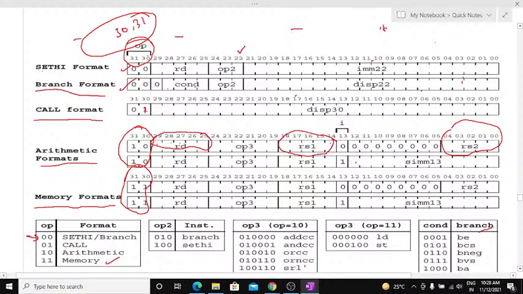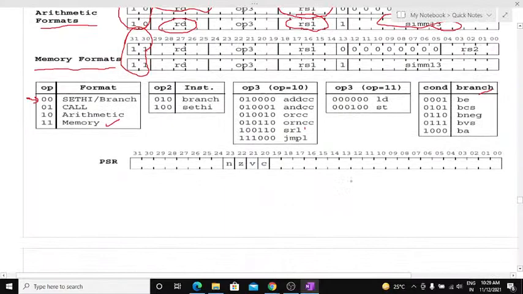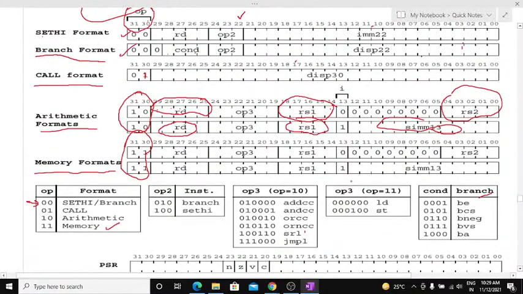Similar to that, another case is source 1 then a constant value, and store the result in a destination register, then memory related instructions and all. Any doubt, just let me know. Here you need to remember that very few instructions are mentioned; they do not cover all the instructions.